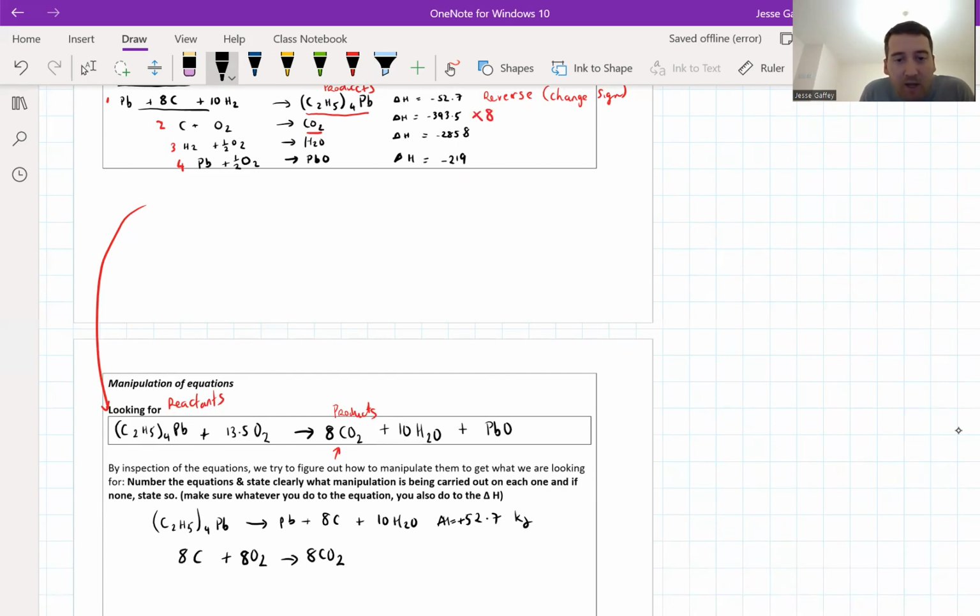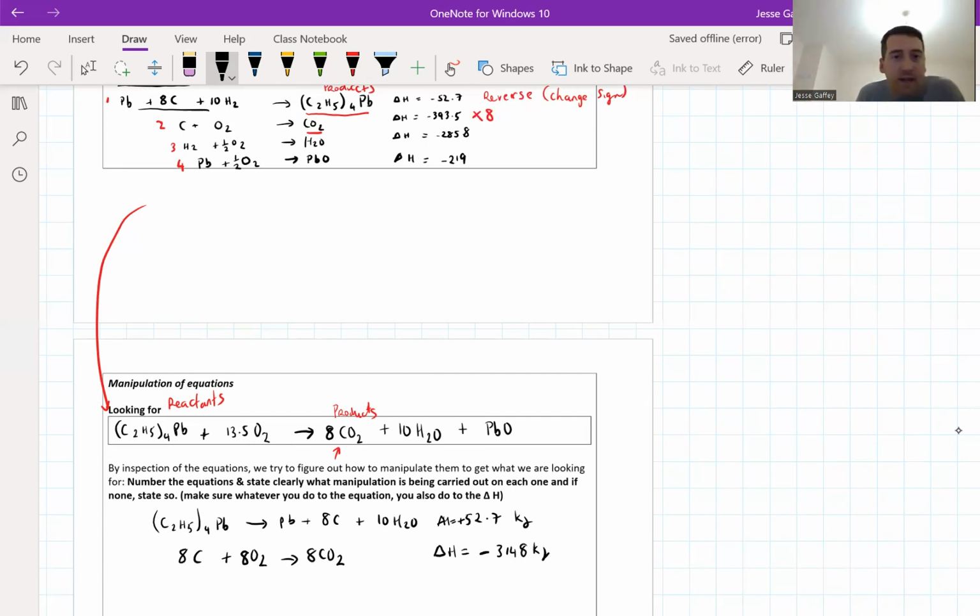And that's going to give me a delta H equal to a negative number, and what I need to do now is times 393.5 by 8. Minus 3148. So a very big number of kilojoules.